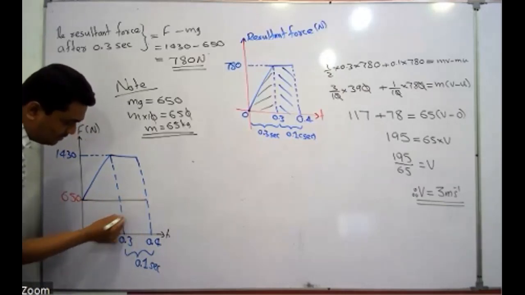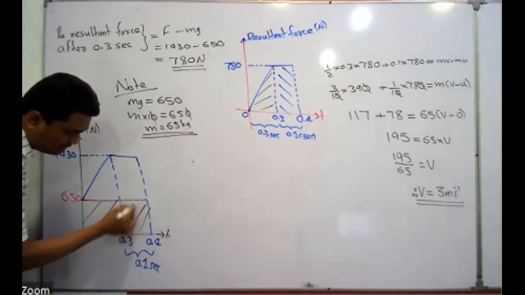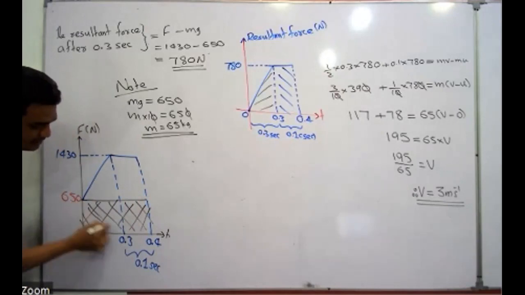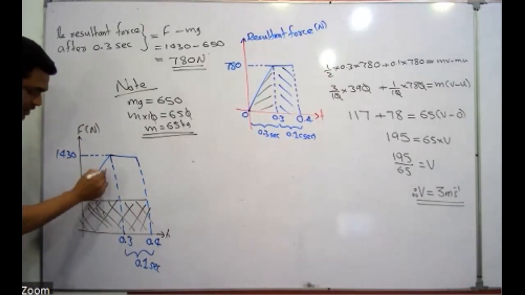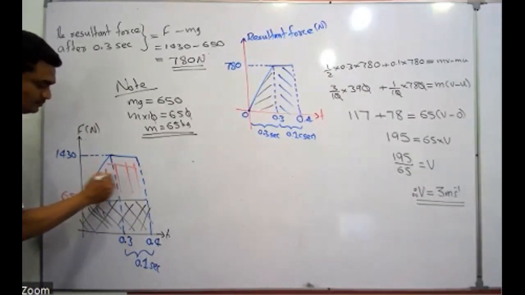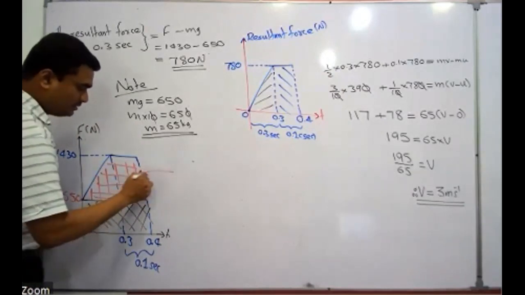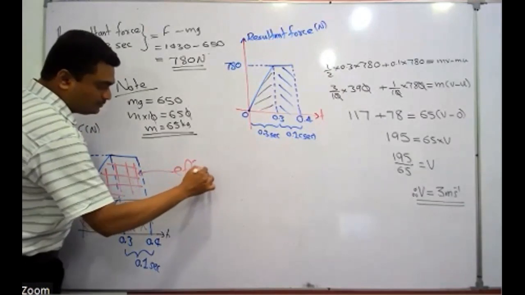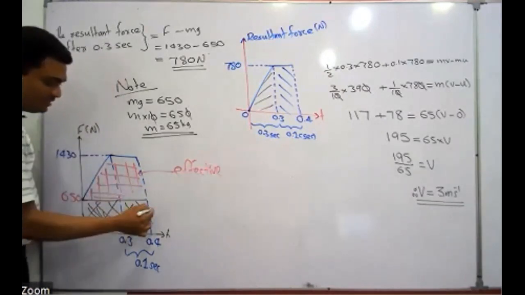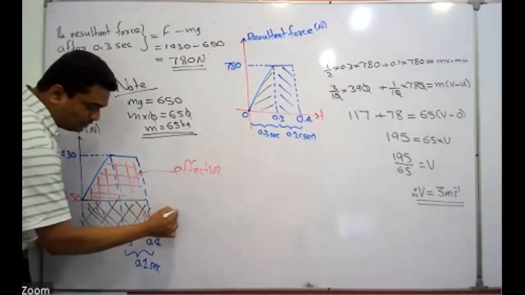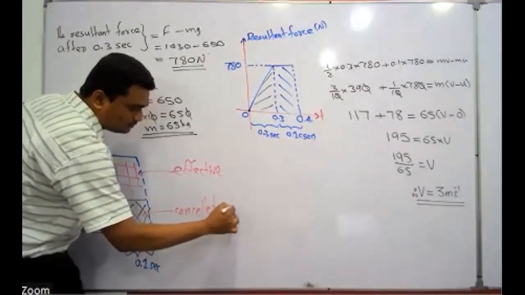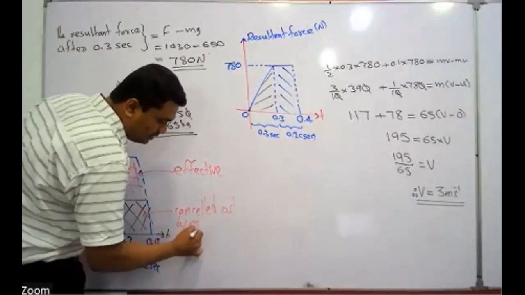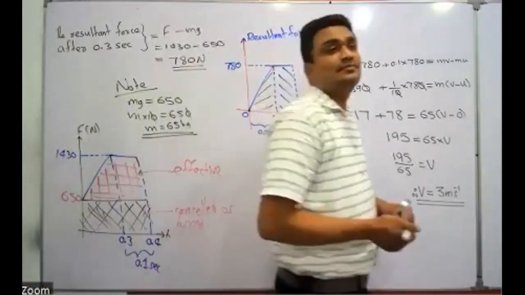The entire 650 section is cancelled out by the weight of the person, mg. It does not affect the case. Only the red shaded area is effective.